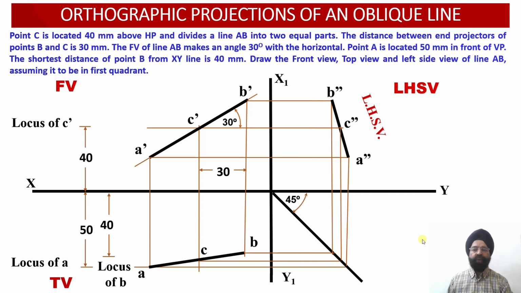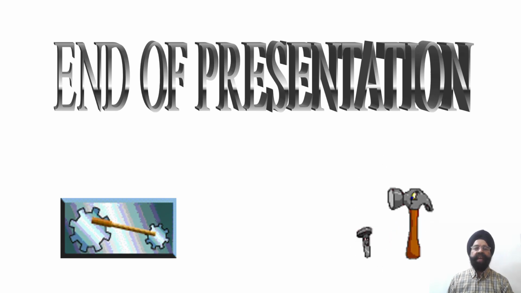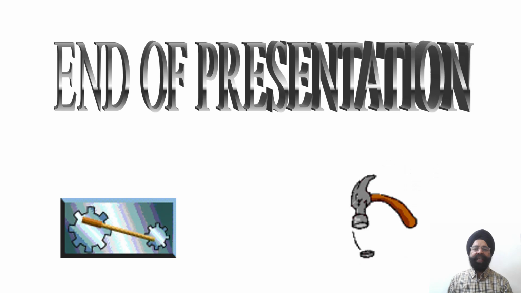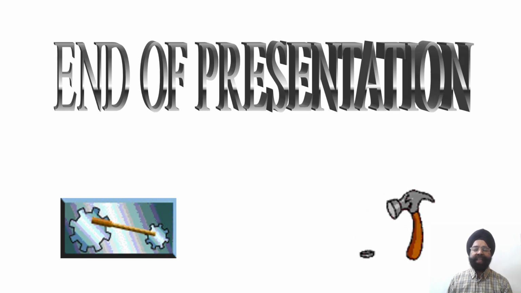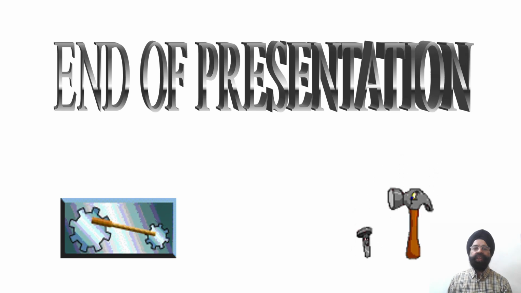So this is all for today. I hope that through this discussion you would have understood how we draw the orthographic projections of the line AB which happens to lie in the first quadrant, using bits and pieces of the information which have been provided to us in different formats and joining the dots which are provided to us through the statement of the problem over here.